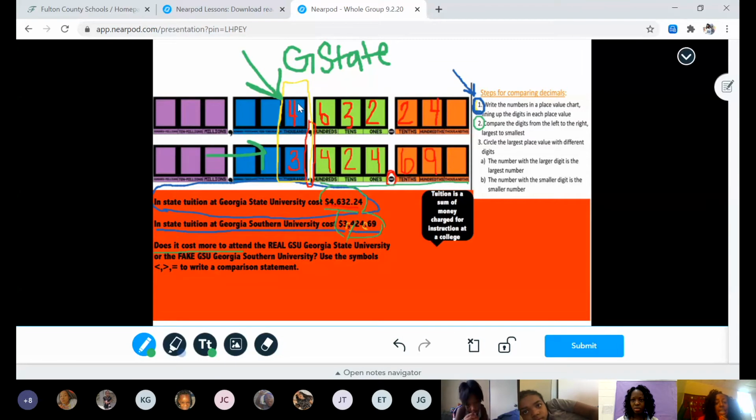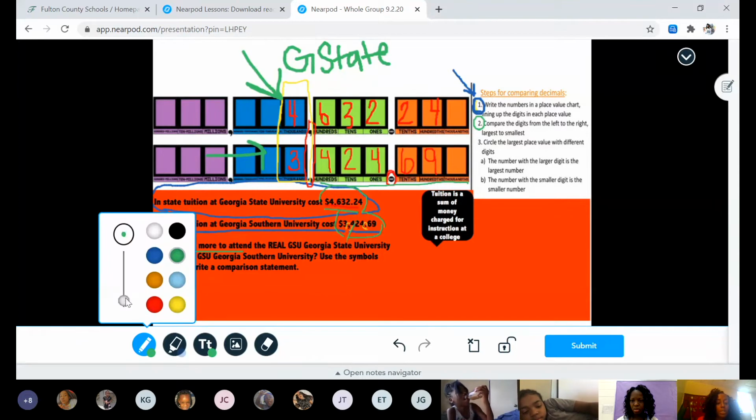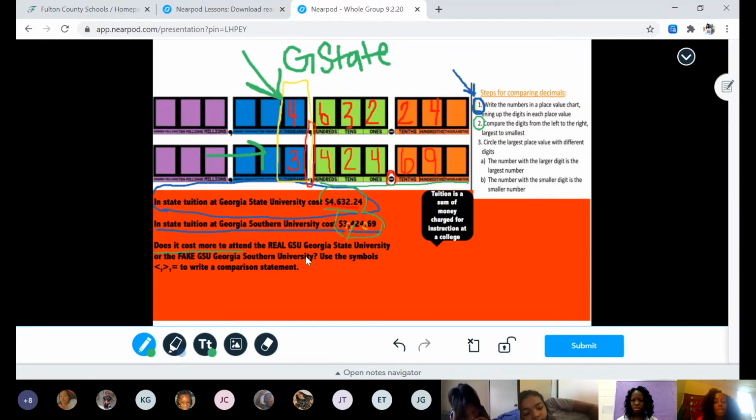Okay, but we can see since our 4 that's in the thousands place is greater than the 3 that's in the thousands place, we can determine that it actually costs more to attend the real GSU, Georgia State, and that's okay because we have a quality education, whether it is to attend the fake GSU.